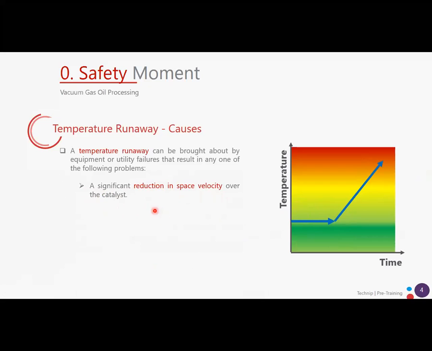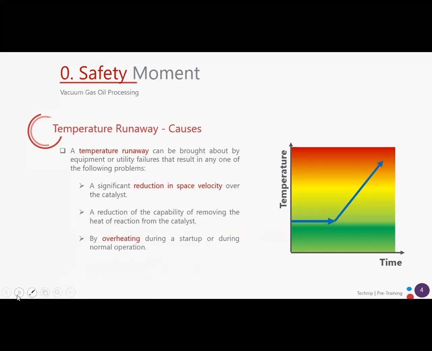Then you will have a lot of residence time, and that can produce this temperature runaway. You can have a problem removing the heat of the reaction from the catalyst. For example, in the reactors we have the quenches. If you lose one of the quenches, you can have the temperature runaway.